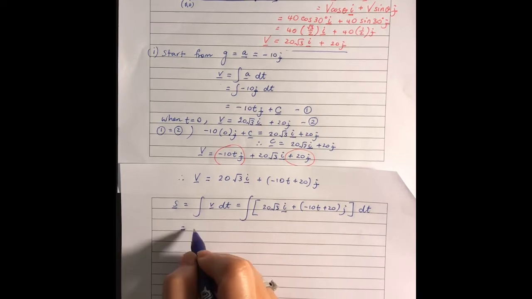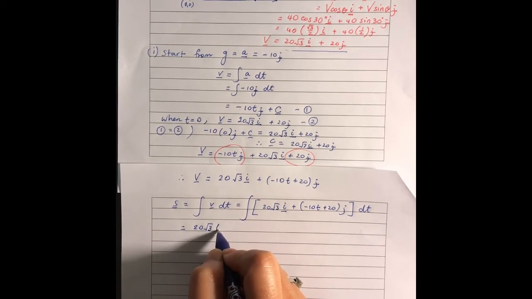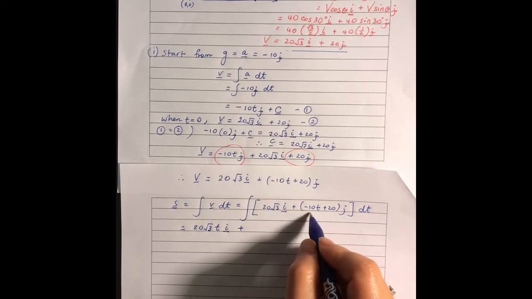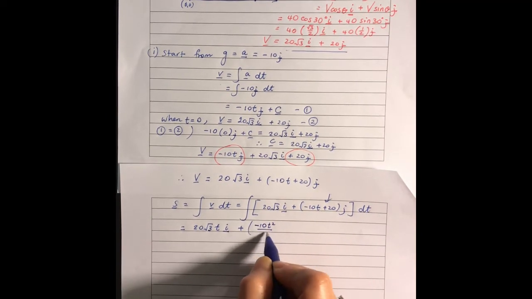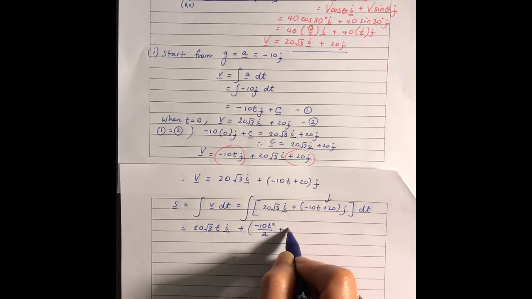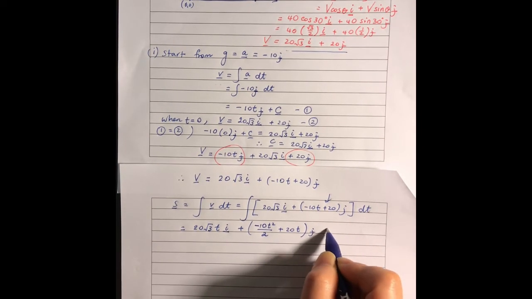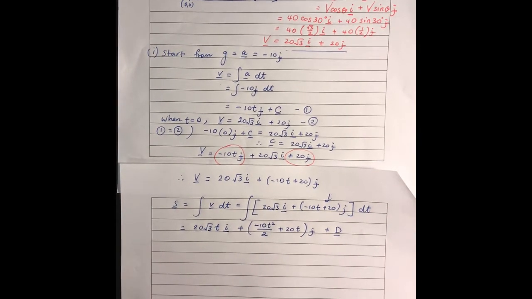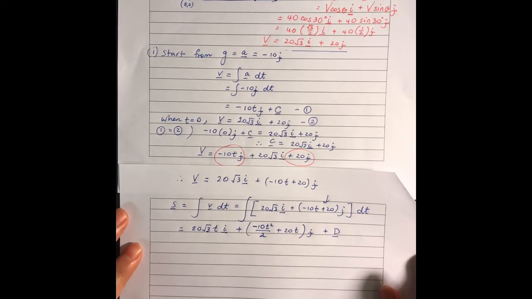You'll get 20 root 3 t i, don't forget the t, plus inside here minus 10 t squared over 2 plus 20t, j, plus constant vector d this time, because I don't want to keep using the same c, because they're not the same constant.